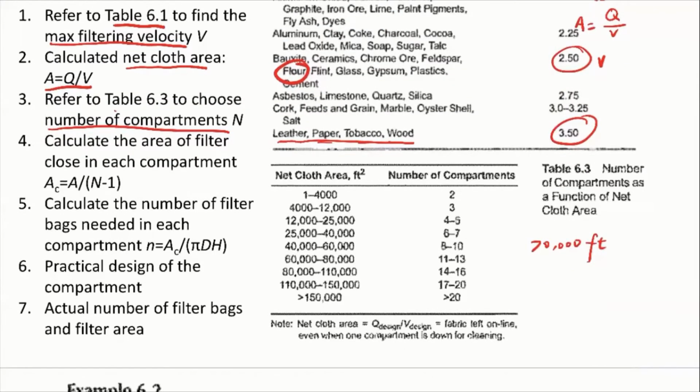Then we know that the number of compartments should be between 11 and 13. We can choose whatever number we want here. It can be 11, 12, or 13. It doesn't matter whether it's getting close to 80,000 or getting close to 60,000. You can choose whichever number you want in designing the system. Okay, so this is the total number of compartments, basically in practical design, how many we need, right?